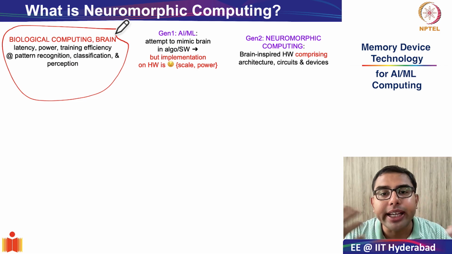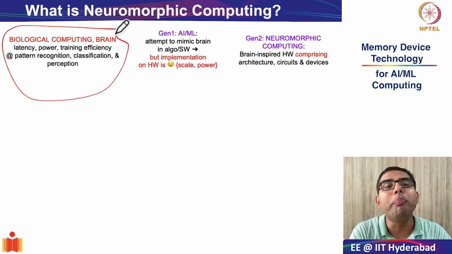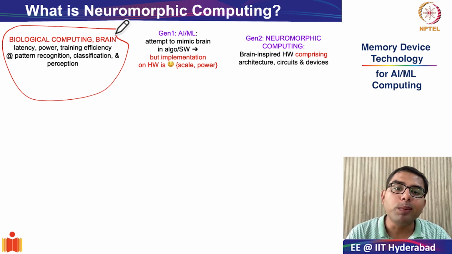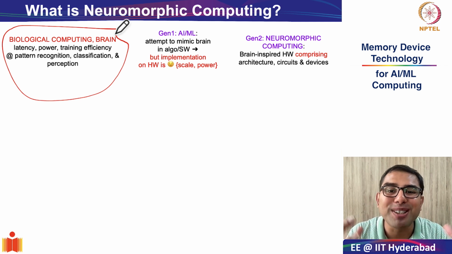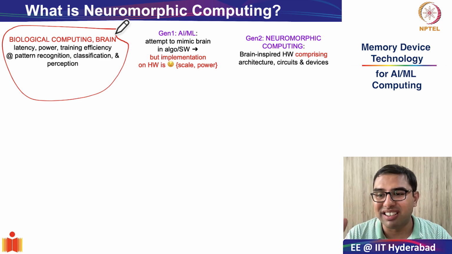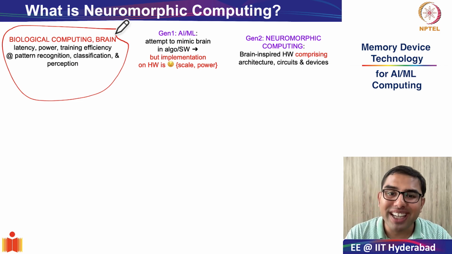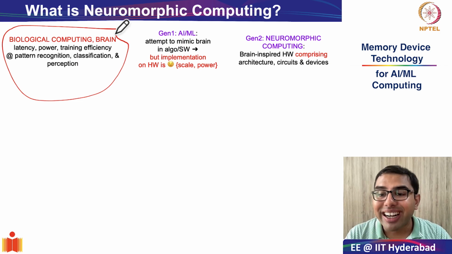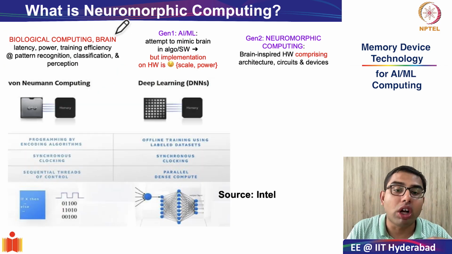And that is why the second generation of trying to mimic biological computing comes in the form of brain-inspired hardware, which is neuromorphic computing, which comprises not only of devices, but also architecture and circuits level innovations to build hardware that can deliver AI performance at a fraction of the power or cost.